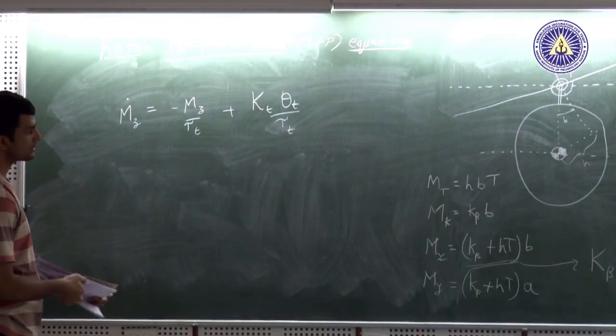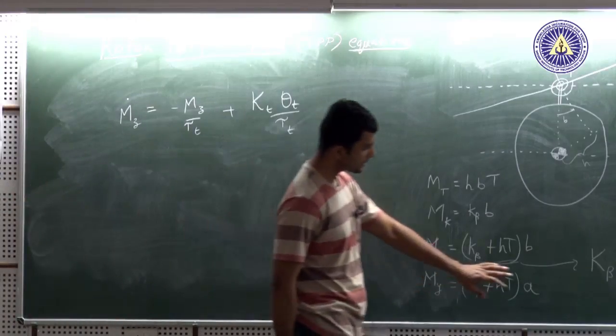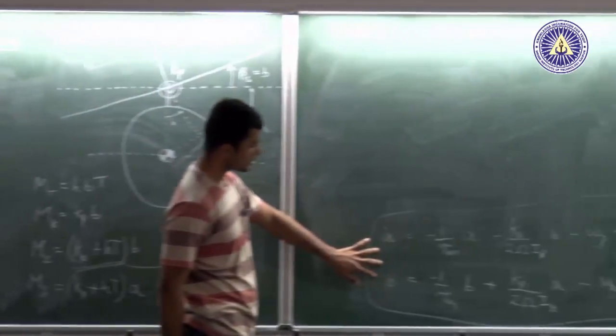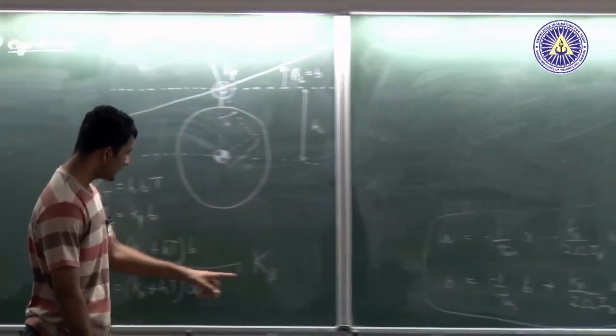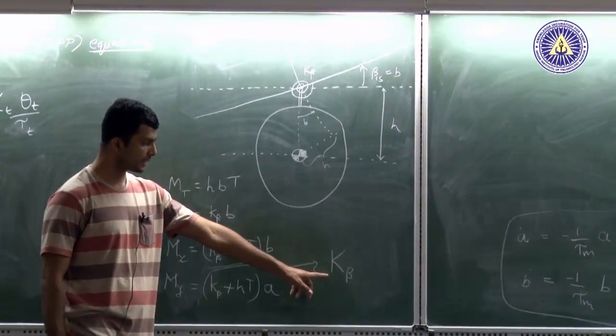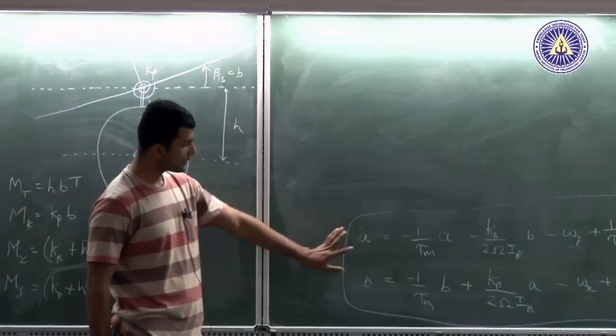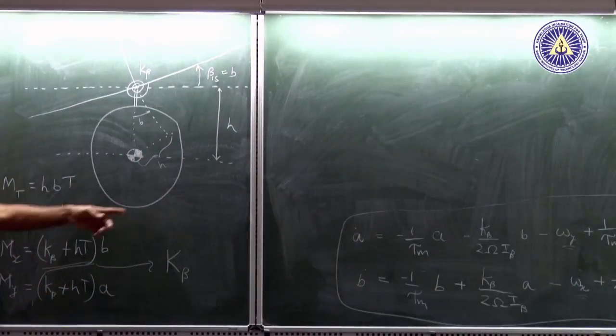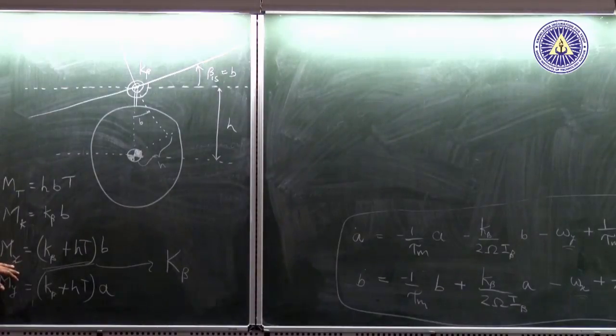So if I multiply the rotor equation with the equivalent spring constant k beta, then wherever I have a, that will become my, and wherever I have b, that will become mx.